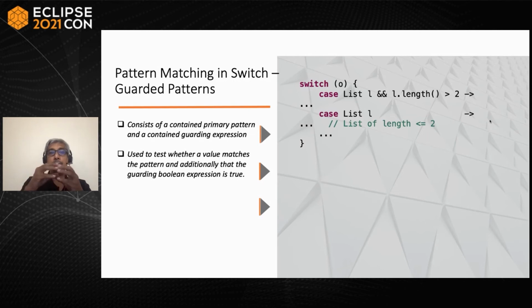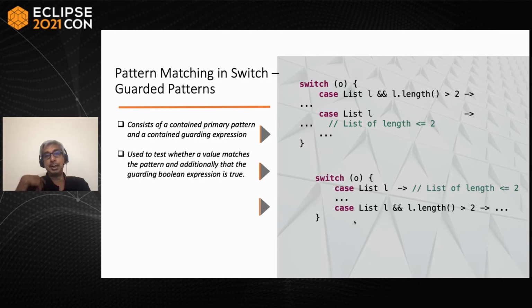A point to be noted here is that the first one is more specific and the second one is more generic. It's always a list. So if you put the list case first and the other next, then this is an error. Only the first one will work, because the more special case should come first and then the generic case, because only then would the switch know which one to take.